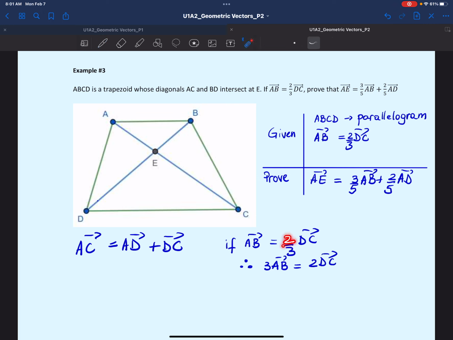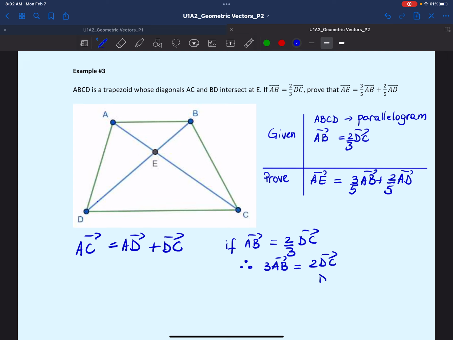Remember that this is a fraction, right? So 2DC divided by 3, and this can be a fraction with denominator 1. We simply cross multiply and we get 3AB equals 2DC. This will allow us to express DC in terms of AB, and we want to bring AB into the statement. That's the reason why. So that would be 3/2 AB.